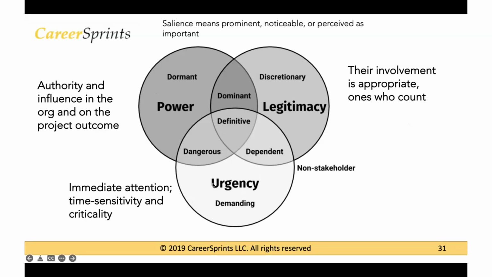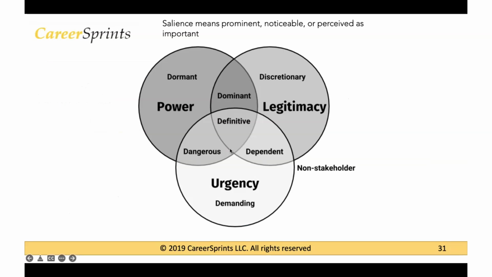Okay, so this is the salience model. This brings us to the end of all that I wanted to discuss about the stakeholder performance domain and the tools that are used in it. Do you have any questions for me? I explained quite a few concepts.